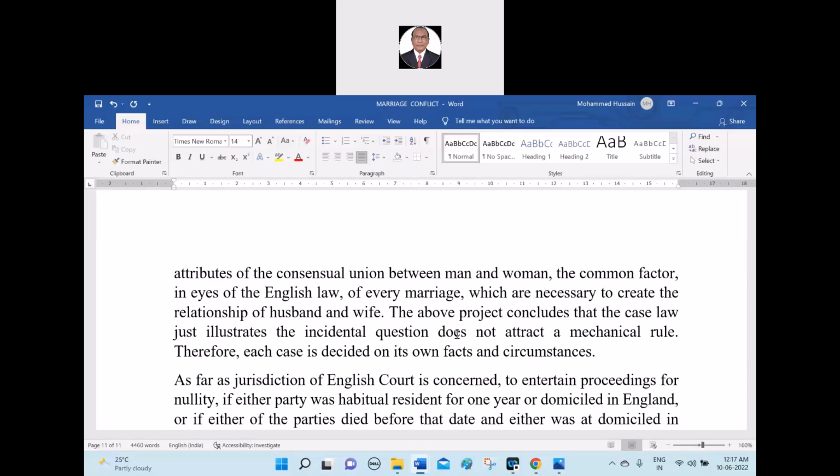At that instance, when the marriage is void, there is no question of taking a divorce. If the marriage is valid, then we can look for grounds for divorce or file a case for divorce. But if the marriage itself is void from the beginning, ab initio, then no question of divorce arises. That is my point.